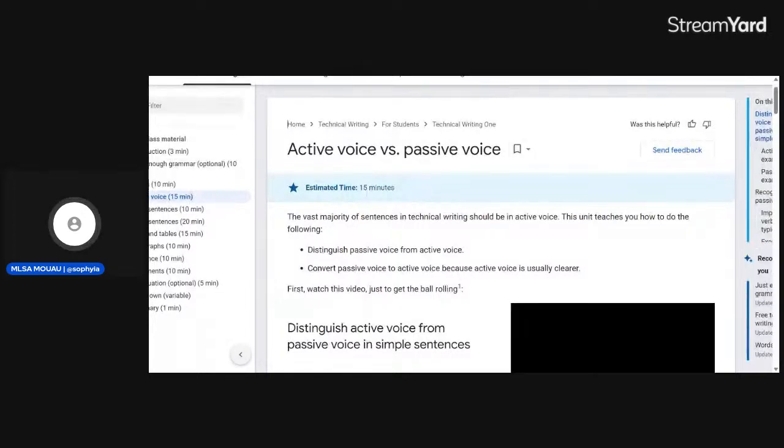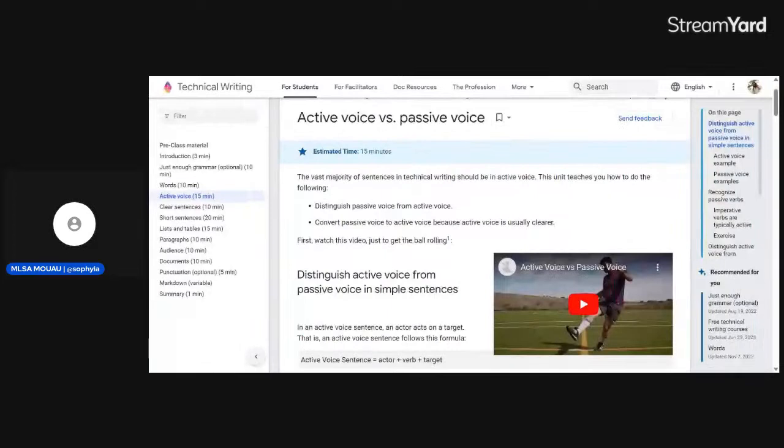So lastly, let's talk about identifying active and passive voice.